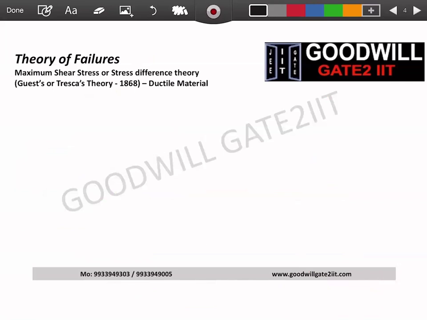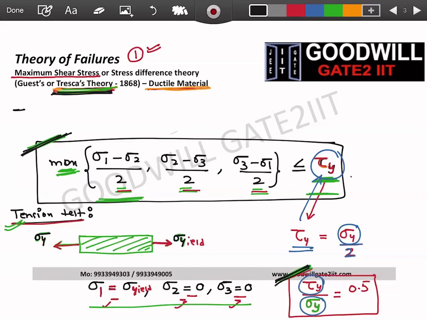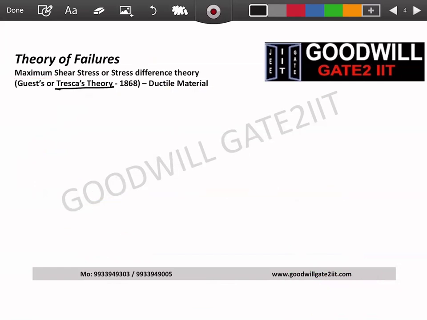So, the diagram for theory of failures for Tresca is basically a hexagon. Let me write it here. Let me explain this because this is ours in 2024 itself. Now, how does the diagram look?